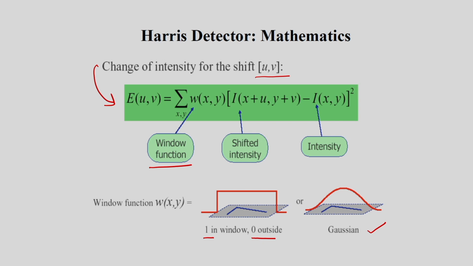Now if you see this expression, what is the meaning of this expression? I am actually determining the change of intensity between two image points. For this, I am shifting the window and determining the change of intensity for a particular shift.